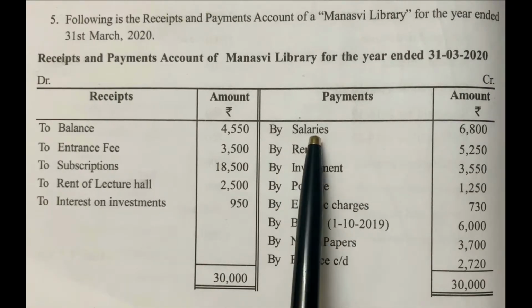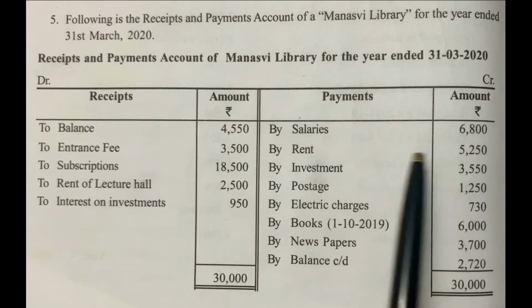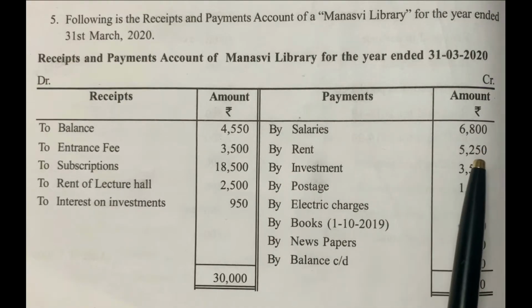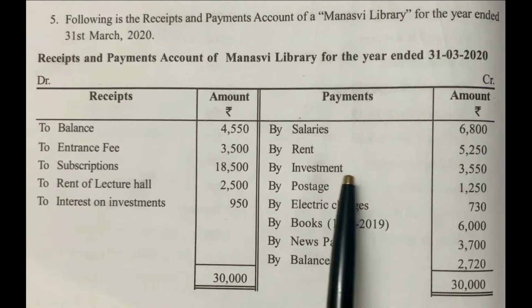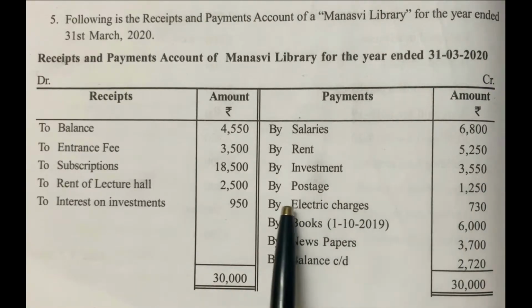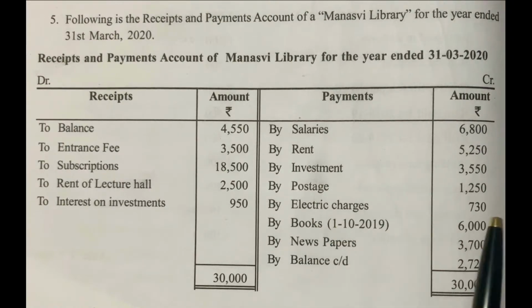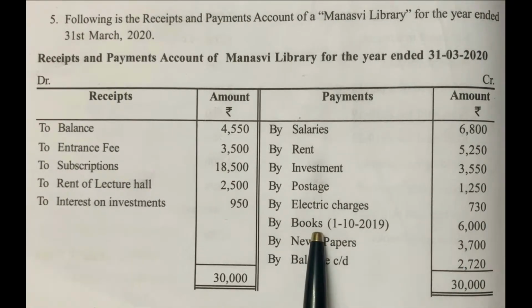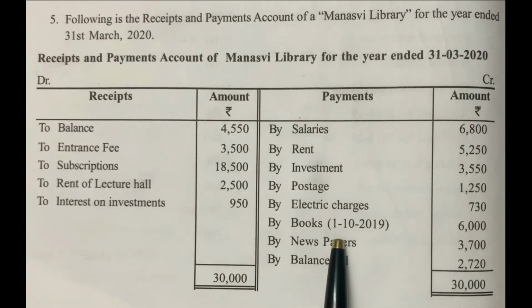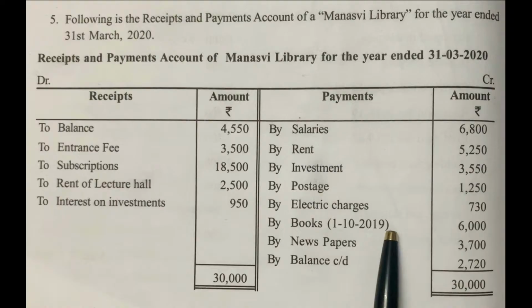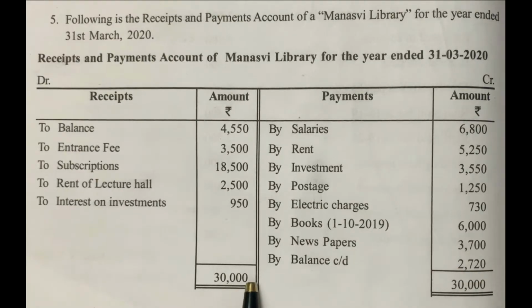Payment side: by salaries 6,800, by rent 5,250, by investment 3,550, by postage 1,250, by electric charges 730, by books 6,000, with the date 1st October 2019 in brackets, by newspapers 3,700, by balance carried down 2,720. Both sides total 30,000 rupees.